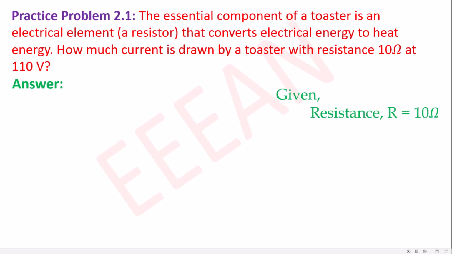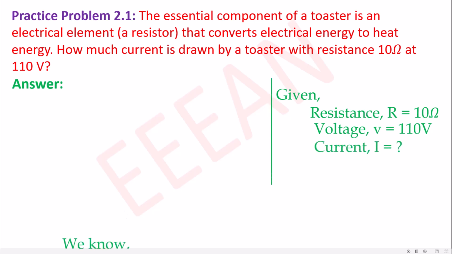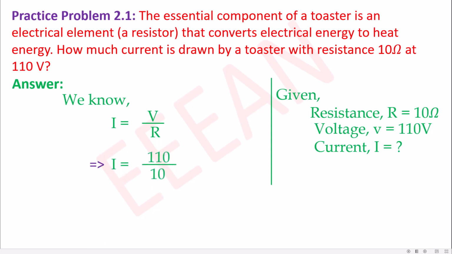Given the resistance R equals 10 ohm and voltage V equals 110 volt, we have to obtain the value of current. We know current I equals V divided by R. Put the values into the equation and we get our result.